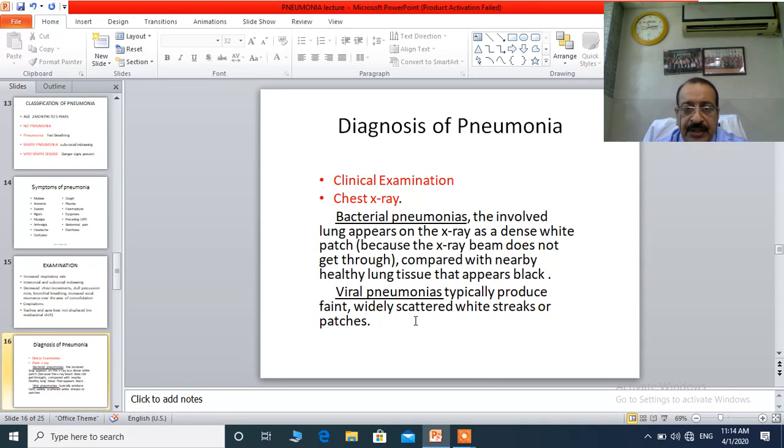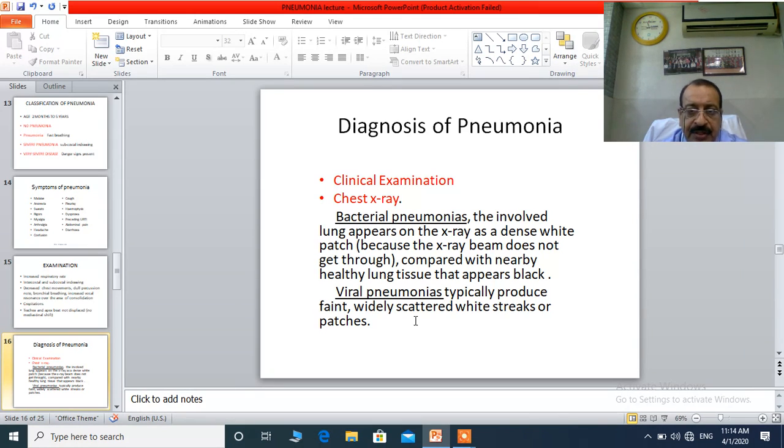In bacterial pneumonia, the area which is affected will be visible as a dense white patch, as the X-ray beam does not pass through the consolidation, compared with the nearby healthy lung tissue that appears black.